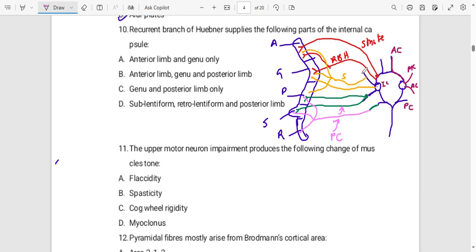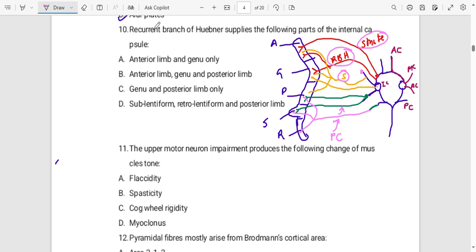And then the striate branch of the middle cerebral is supplying the posterior limb, genu, and anterior limb. And then you have got this guy, the recurrent branch of Heubner, supplying the anterior limb and the genu. And then the striate branch from the anterior cerebral is only supplying the anterior limb.